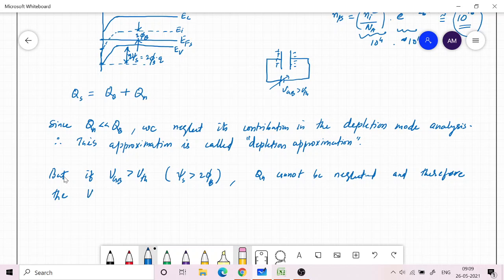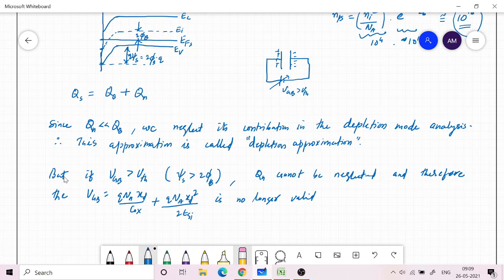So what did we write? VGB equal to QNA XD by Cox plus QNA XD square by, this expression is no longer valid, because it doesn't take into account the Qn component.